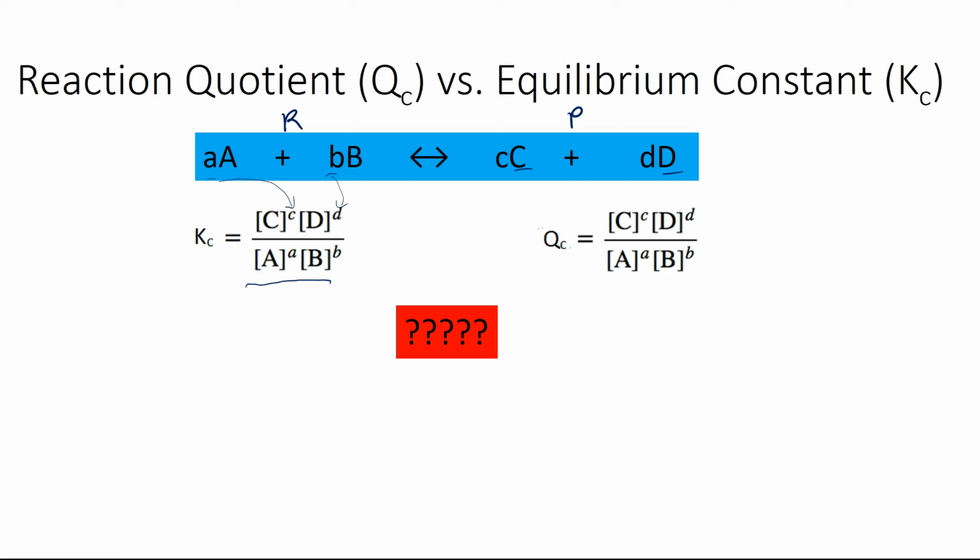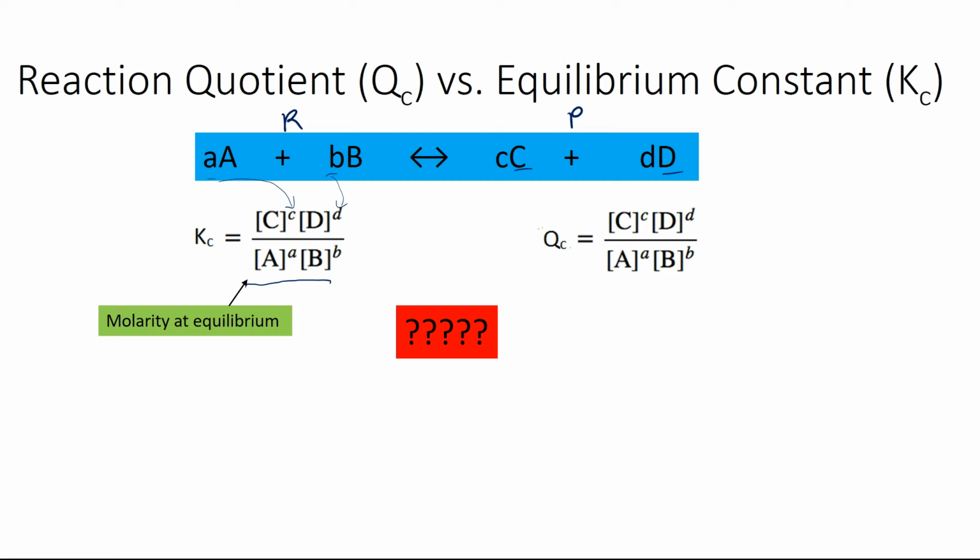There is a key distinction you need to make between our equilibrium constant and our reaction quotient. As you know, for our equilibrium constant, the molarity is referring to the molarity of the reactants and products at equilibrium.